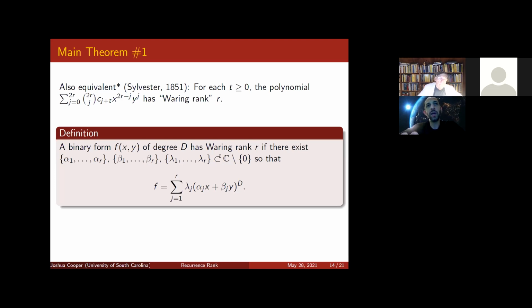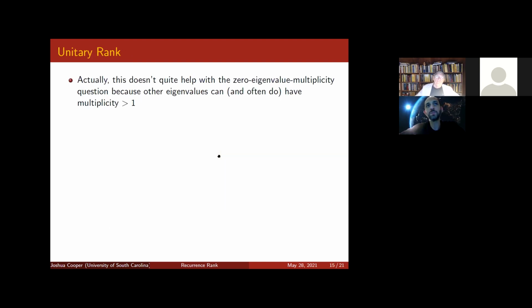That's Waring rank, and it turns out that's also equivalent to these other properties, with some little condition like the lambdas having to be distinct. Also grow exponentially, but it's not difficult to see that you need these things.